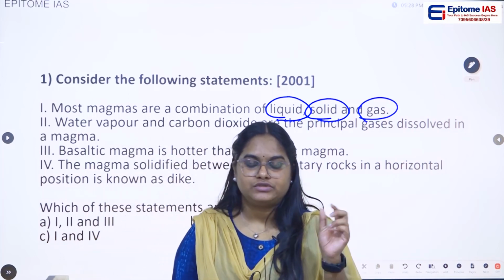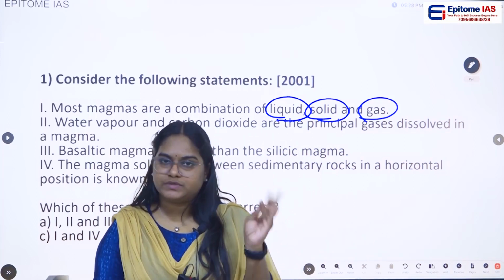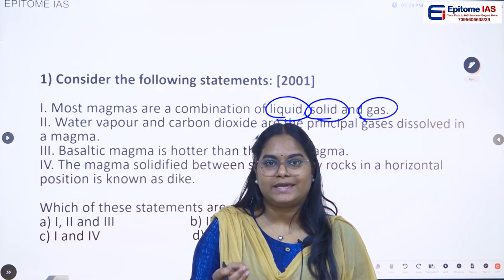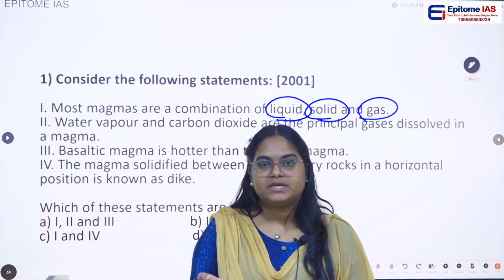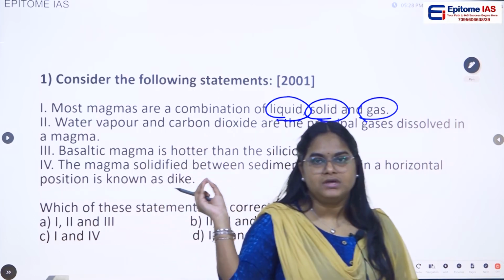Yes, it also contains some solid particles, and it also contains some gaseous particles like carbon dioxide, sulfur dioxide, nitrogen dioxide. These are some of the constituents of the magma.